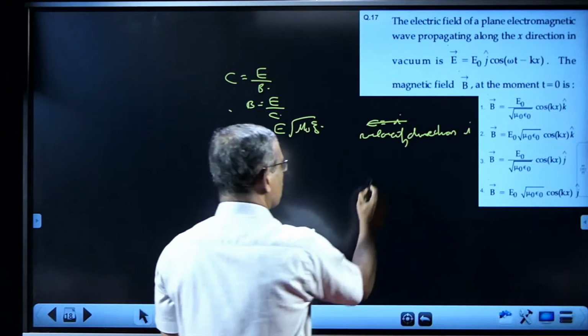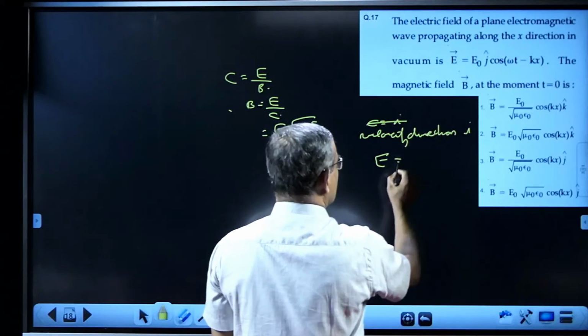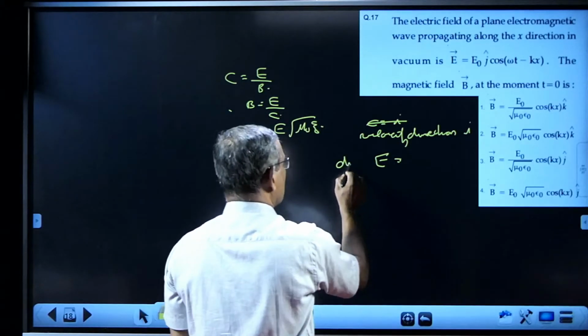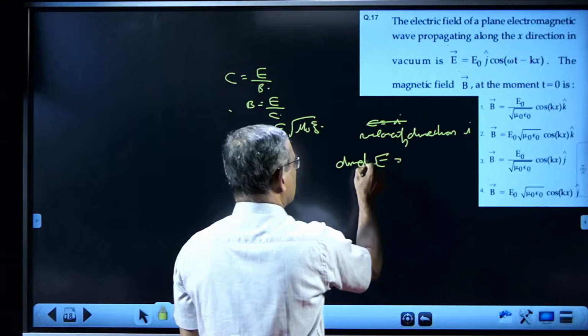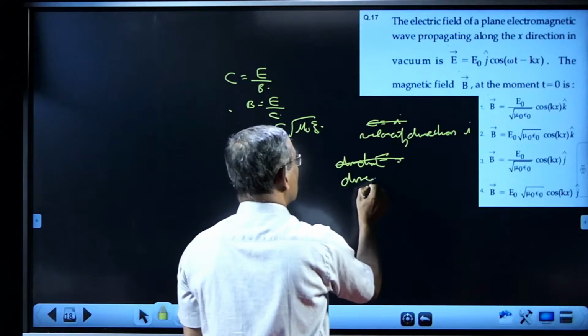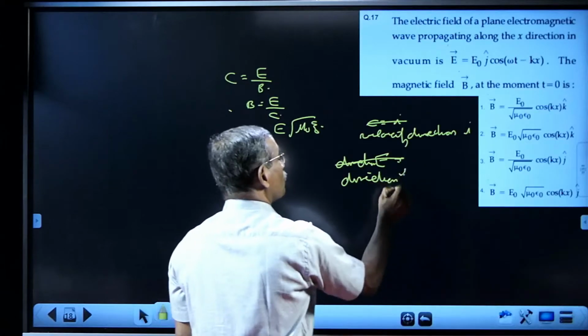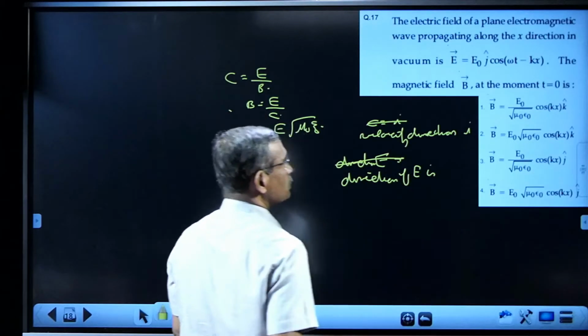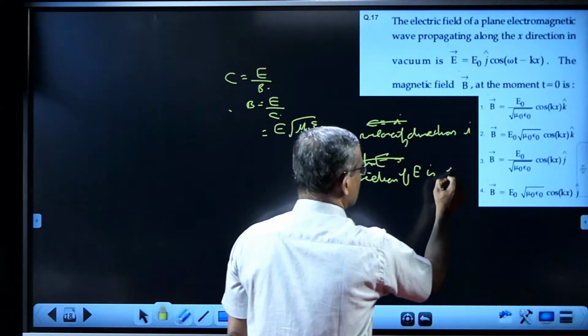And the direction of the electric field E is the y direction, j, the positive y direction.